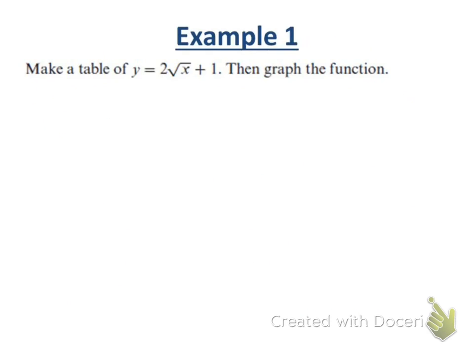All right, so let's make a table. Now they're giving us some nice instructions here. Make a table of y equals 2 times the square root of x plus 1, and then they're telling us to graph it using the table.